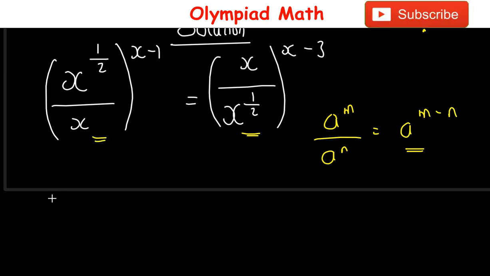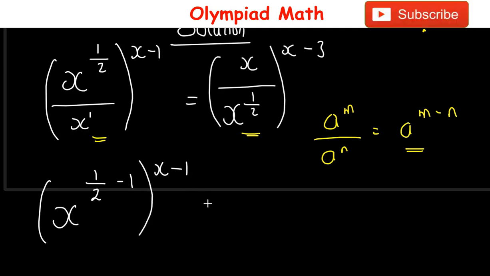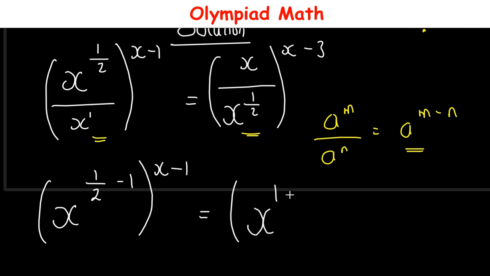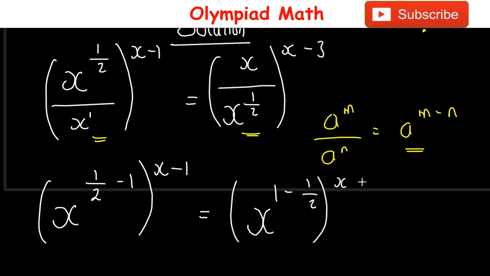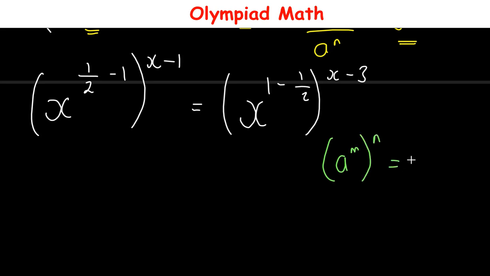Applying this rule right here and here also, what we have is this. We have in brackets x raised to power 1 over 2 minus 1, okay? Then all raised to power x minus 1 is equal to, in brackets, x raised to power 1 minus 1 over 2, then all raised to power x minus 3. Next, applying this rule of indices, that if you have in brackets a raised to power m, all raised to power n, this equals a raised to power m times n.